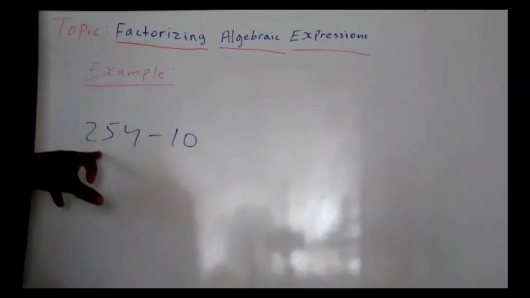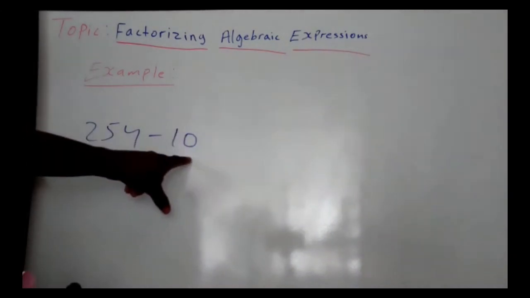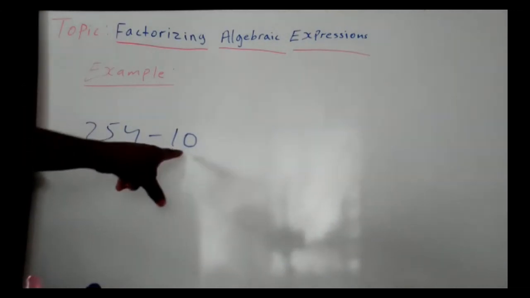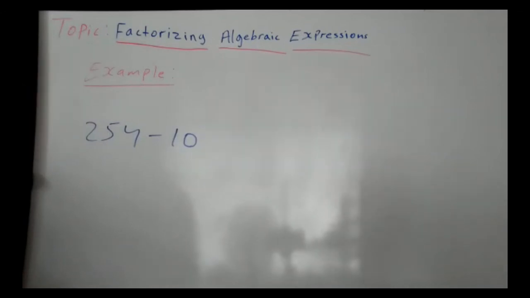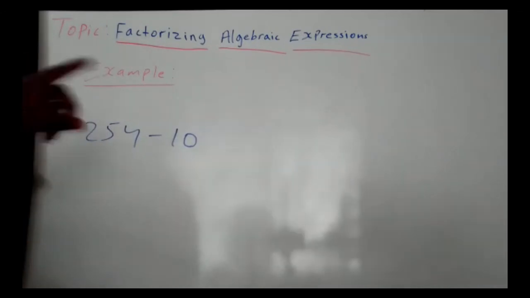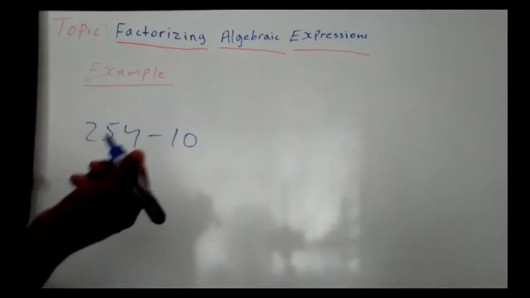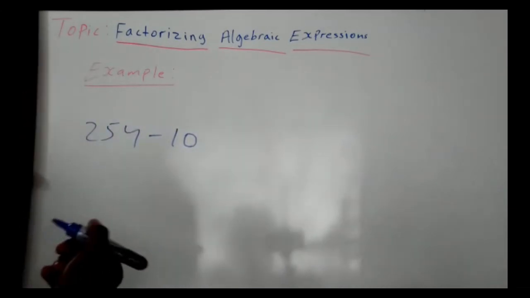So we have 25y and we have 10 over here. So what I am going to do now is find the highest common factor for 25 and 10. The highest common factor for 25 and 10 would be 5. Therefore, I know that I can divide both terms by 5.